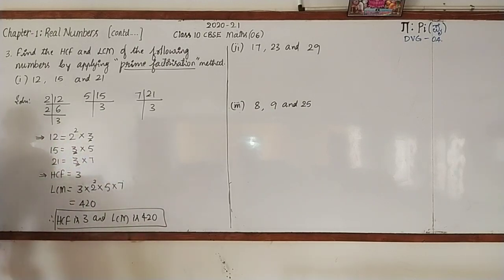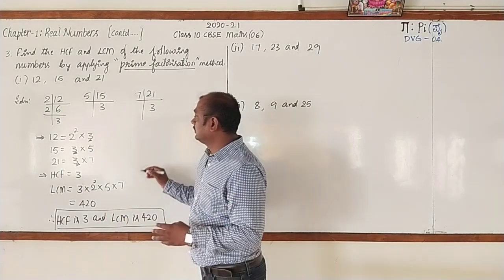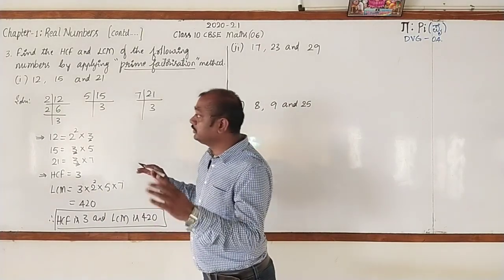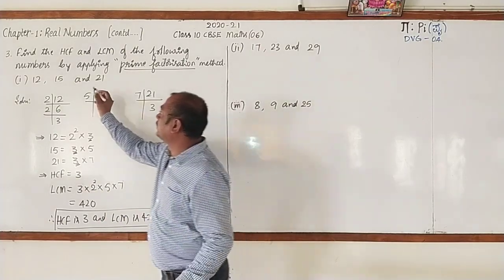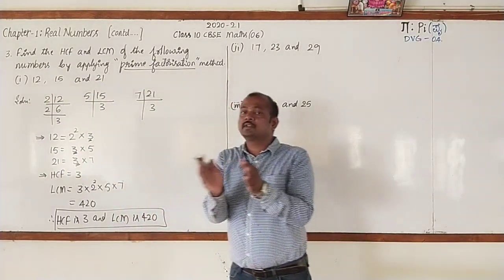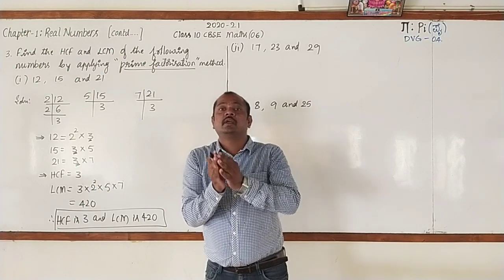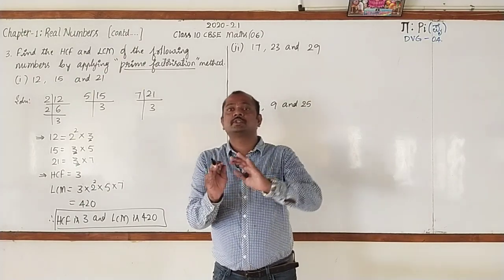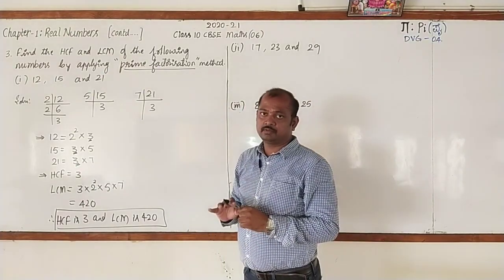I hope that you all have understood. And in case of verification, here actually they have not asked, and you should not think that the product of these three numbers is equal to the product of HCF and LCM. There is a separate relationship for that. I will give you that information at the end of this chapter. Clear?